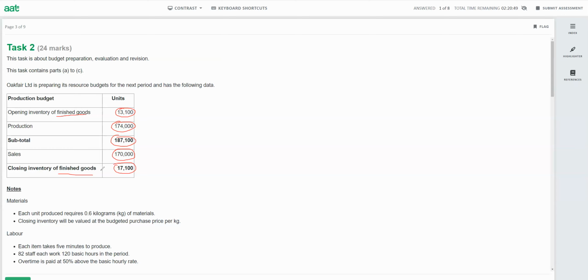We need to be very careful with that. Now here, this is the production budget, and the production budget represents the complete unit. But later on, when you prepare the material budget or the labor budget, remember that that is not the complete unit. It is an individual budget, like the budget prepared by the budget holder.